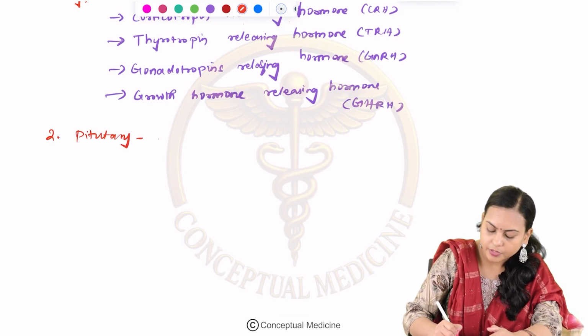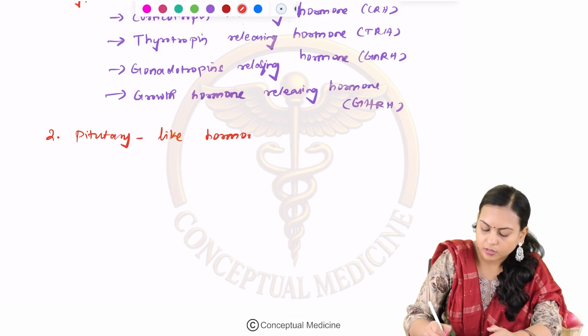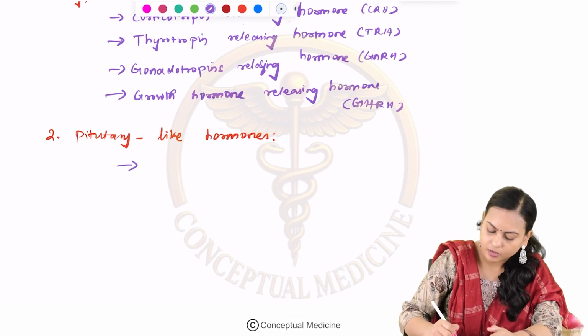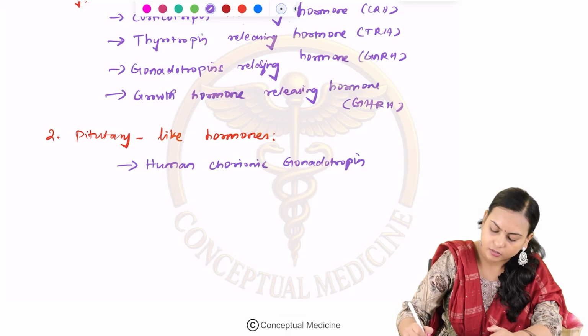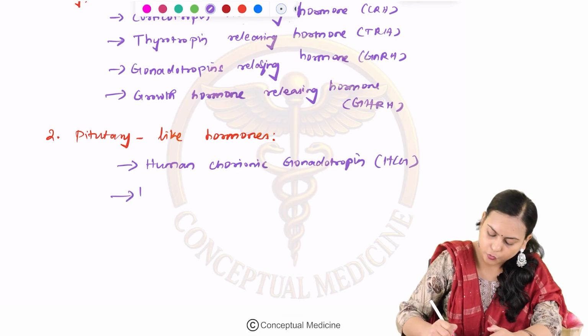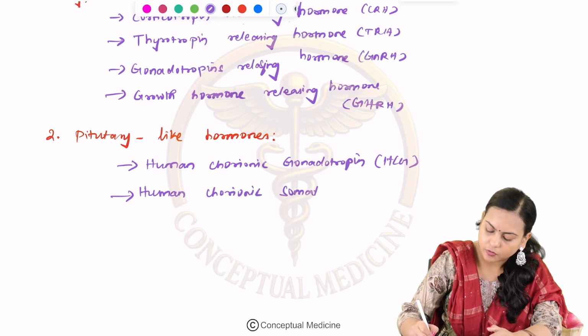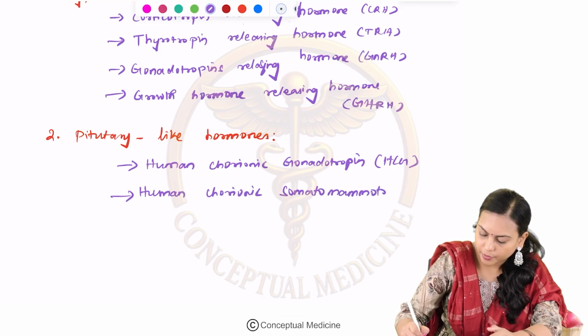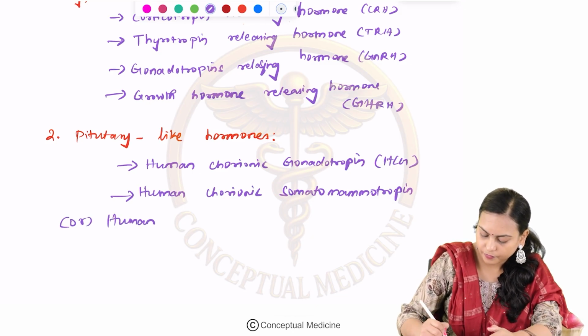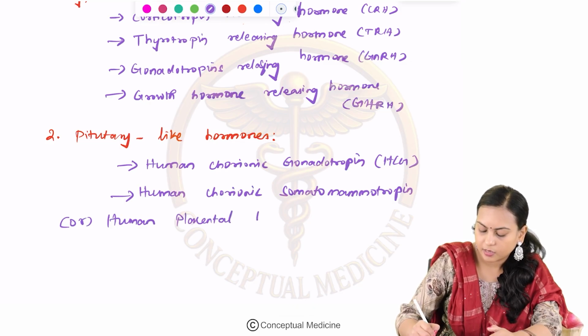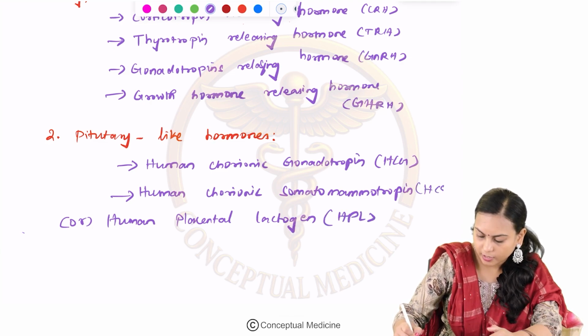So, pituitary like hormones include human chorionic gonadotropin, human chorionic somatomammotropin, which is also known as human placental lactogen, HPL or HCS.